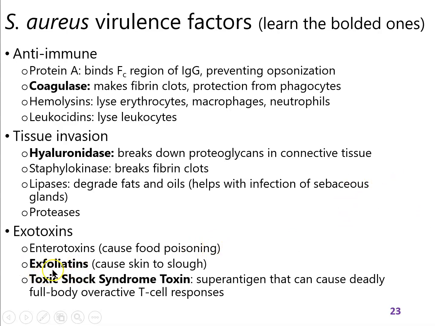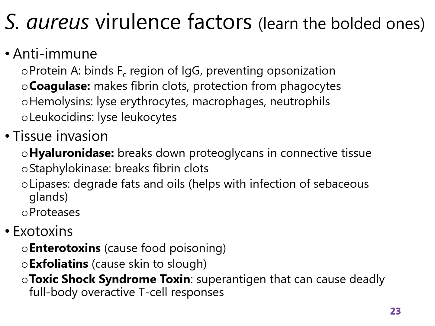Exfoliatins are a group of different toxins that cause epidermal layers to separate from each other and fall off, and that is major skin damage. Toxic shock syndrome toxin is a superantigen, and we'll talk more about both of these. The enterotoxins will irritate the gut and cause diarrhea.